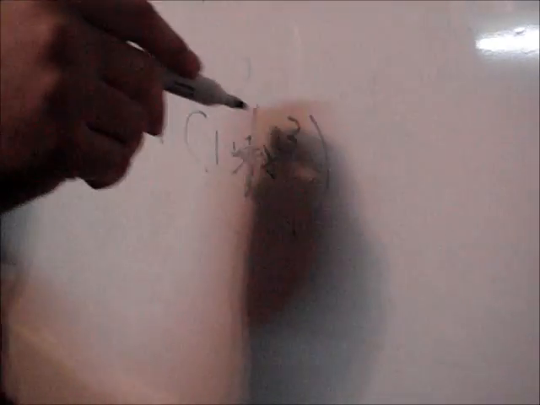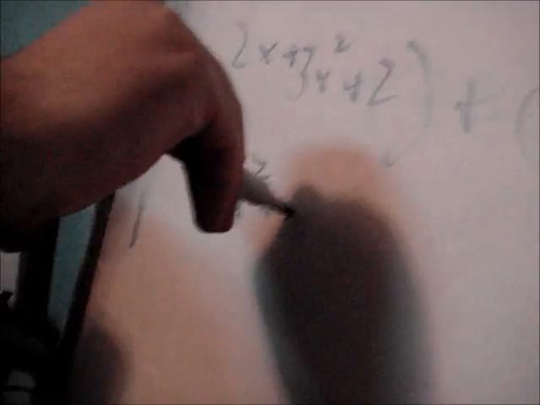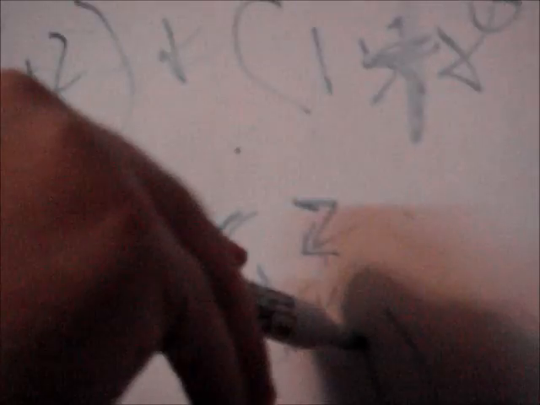So we add them now, but first we have to classify them. So it becomes 3x squared plus 2x plus 2, plus x cubed plus x squared plus 1.